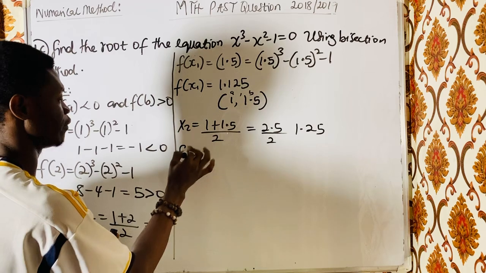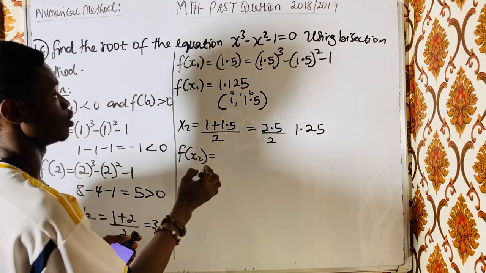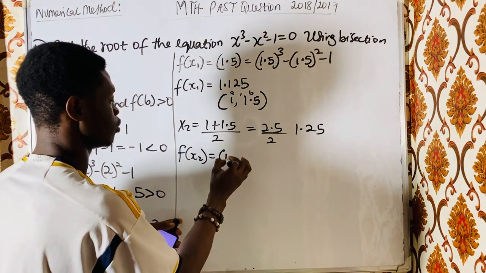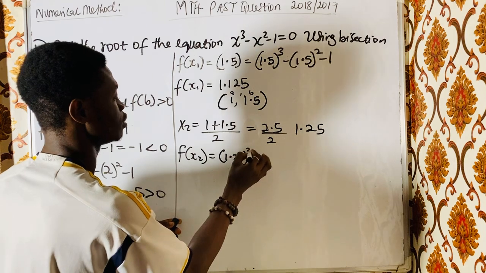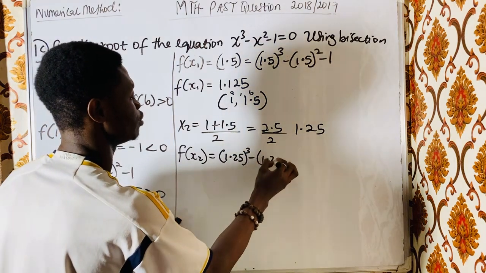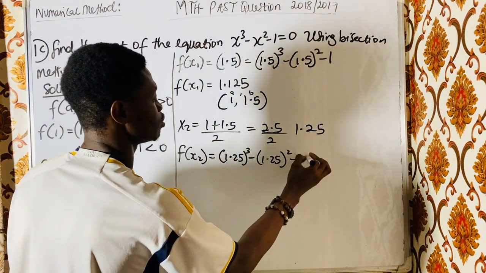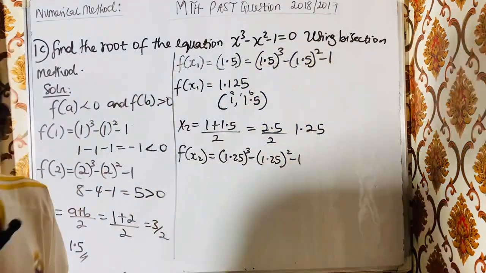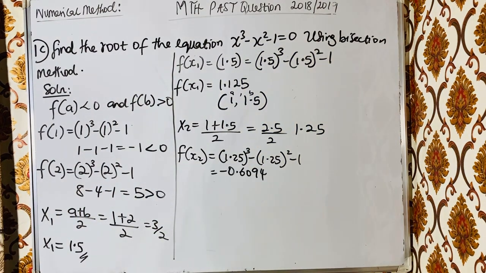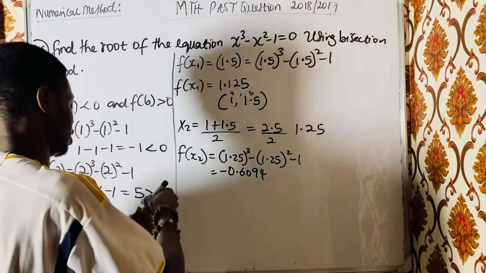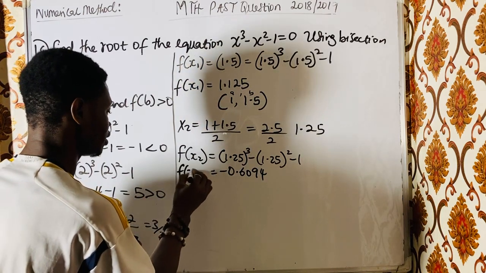So f of x2 will be 1.25 cubed minus 1.25 squared minus 1. If you do it well, you are going to get this value for f of x2.